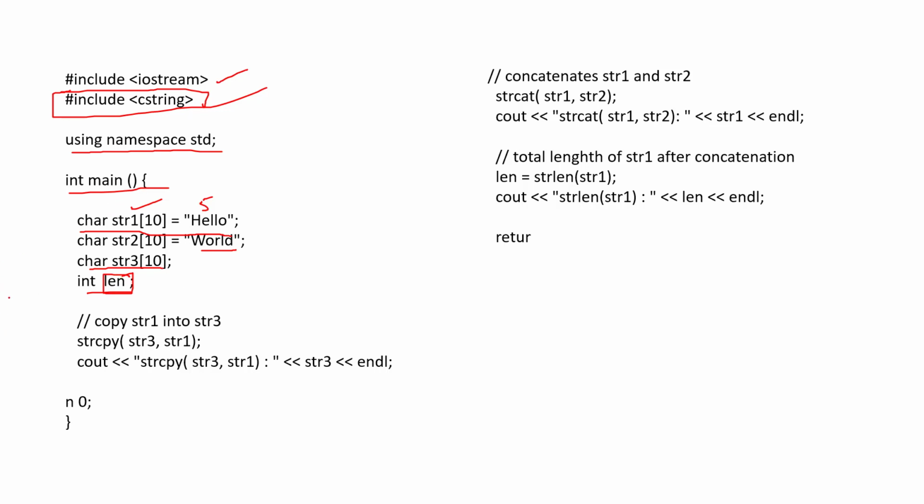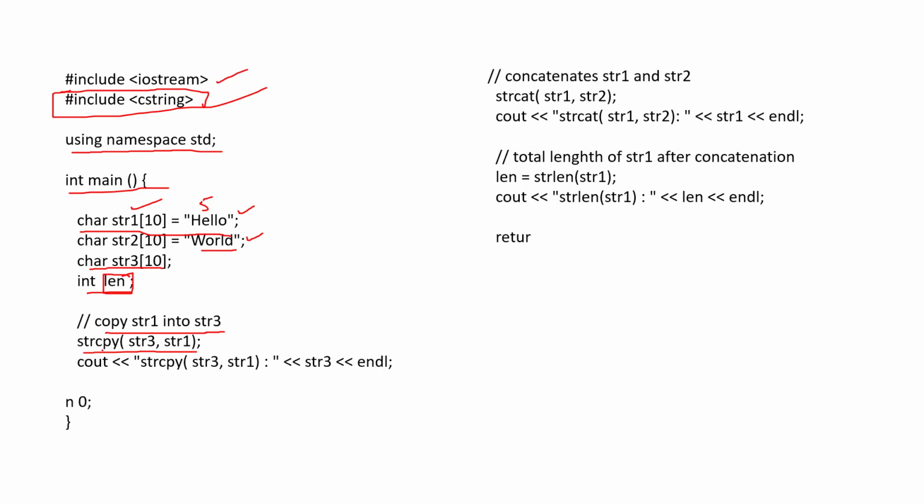So the first option, we are going to try how to copy str1 to str3. We know the value of str1 is hello, and in str2 we have saved world. Here we have to assign the value of hello to str3, which is not defined. In that case you can go for strcpy, which we studied previously.